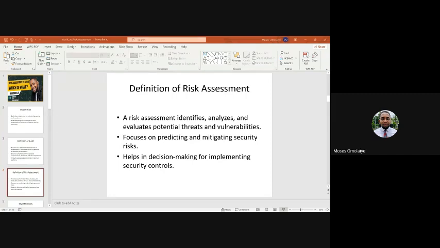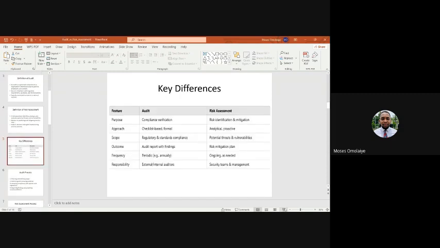It's ongoing, because based on what you've noticed, sometimes you need to do a risk assessment. And unlike the audit that is periodic, a risk assessment is ongoing.